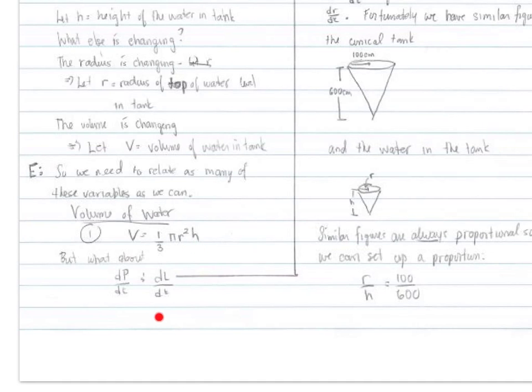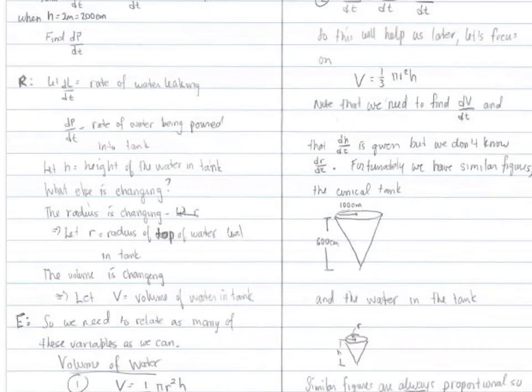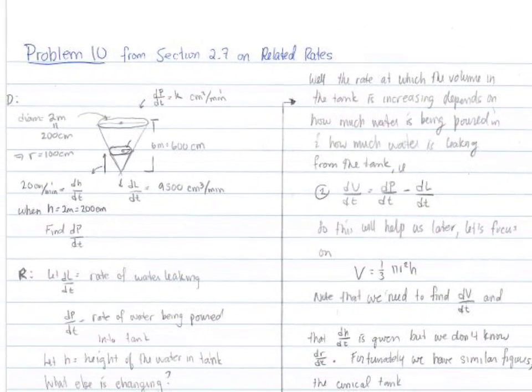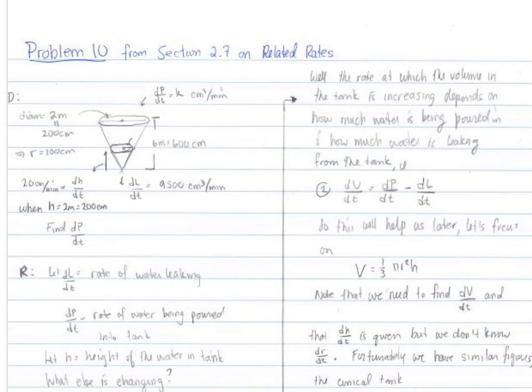But what about these two other variables, the water that's being poured in and the water that's coming out? And so here we have to think a little bit further and notice that if you pay close attention, the volume that's in this tank depends on how much water is coming in and how much water is coming out. And in fact, I would say that the rate of change of volume is the rate of water coming in, minus the rate of water leaking out.